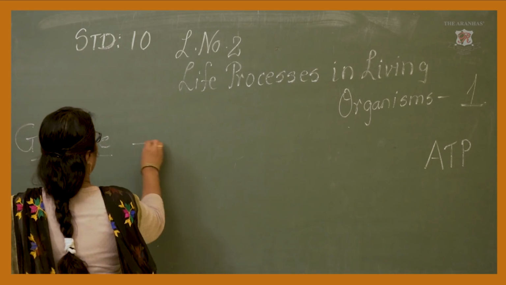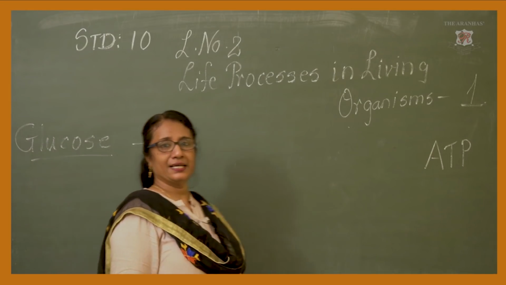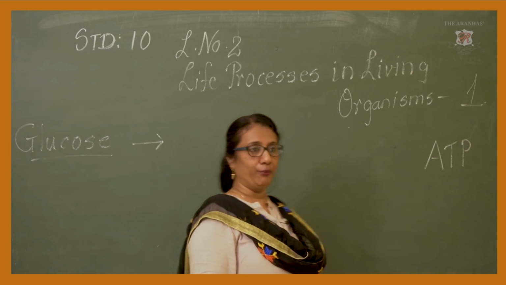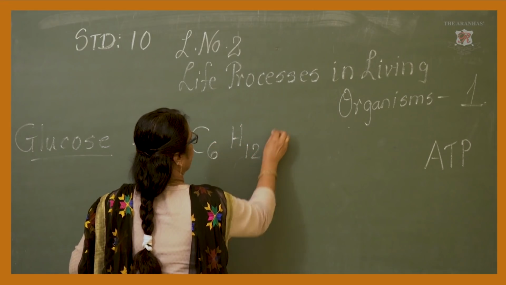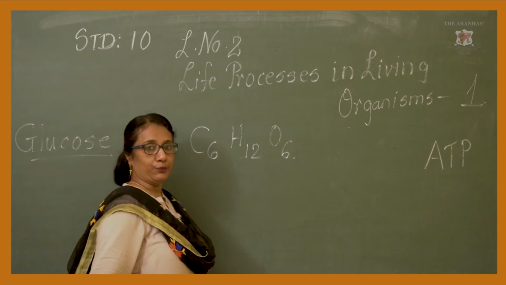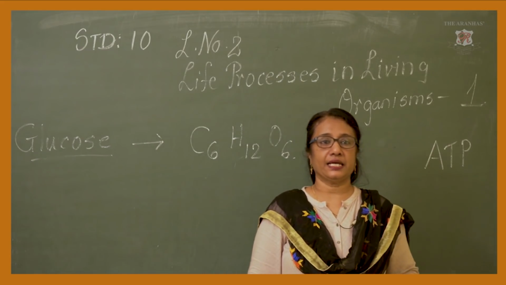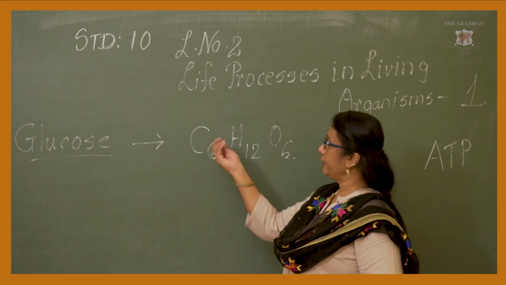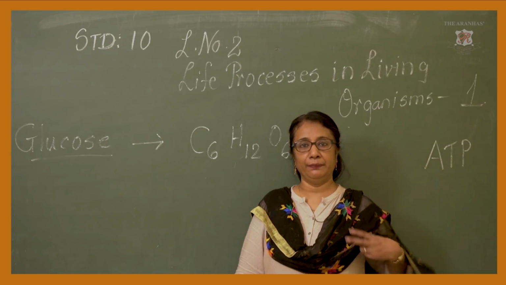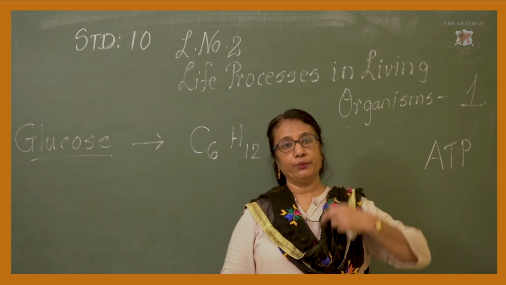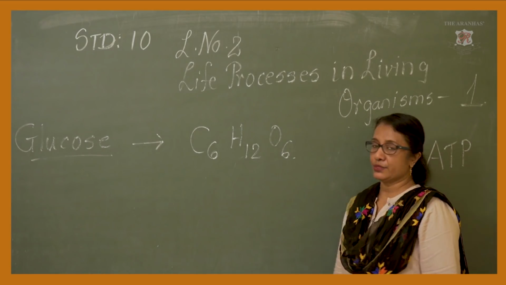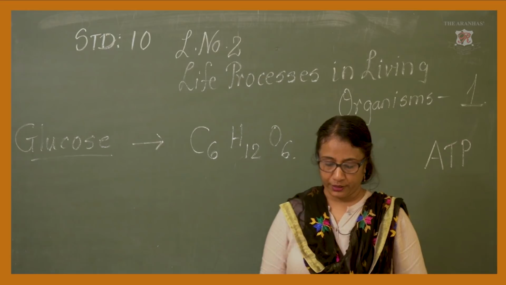Let me tell you, glucose has the molecular formula C6H12O6. That is, 6 atoms of carbon, 12 atoms of hydrogen, and 6 atoms of oxygen. Remember this, children, all right.